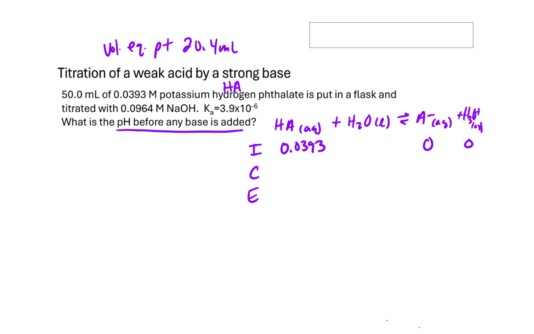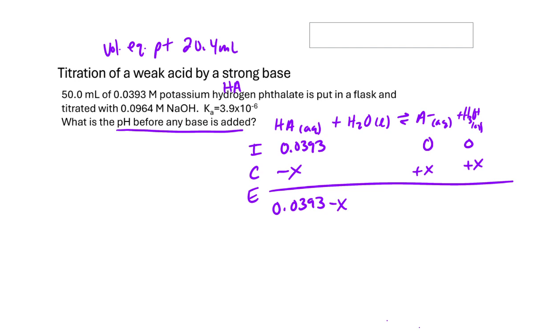This is just a simple weak acid problem. We're going to have minus X for HA, plus X for A minus, and plus X for H3O plus. So then at equilibrium, we'll have 0.0393 minus X moles per liter of HA, X moles per liter of A minus, and X moles per liter of H3O plus.